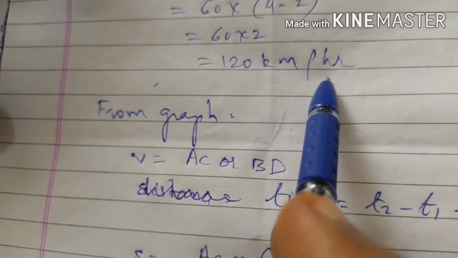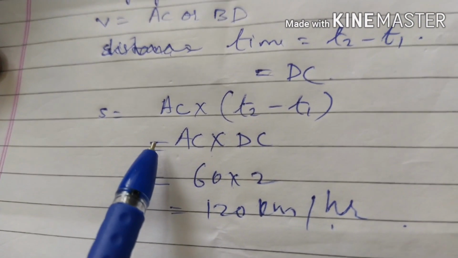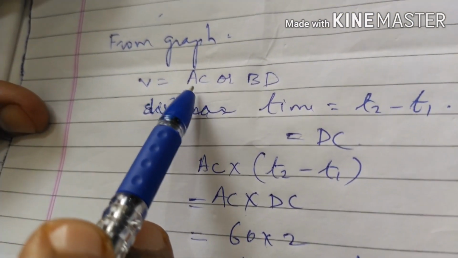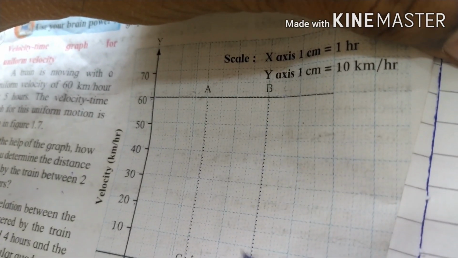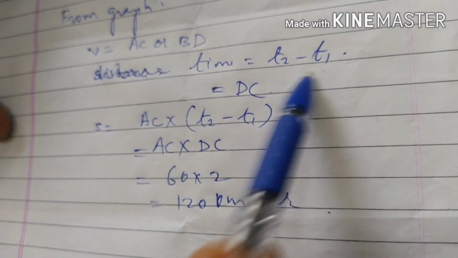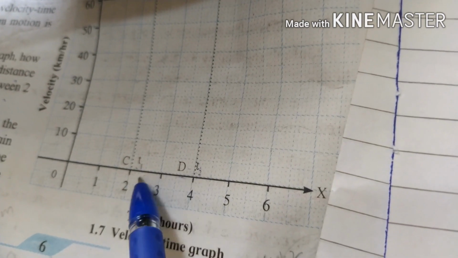We got this. Now from the graph presentation we have to find it. So V is equal to AC or BD, and then time T2 minus T1 is DC.